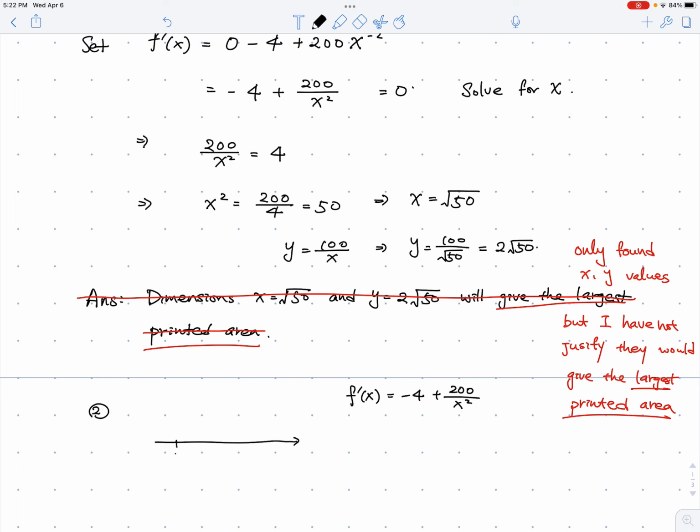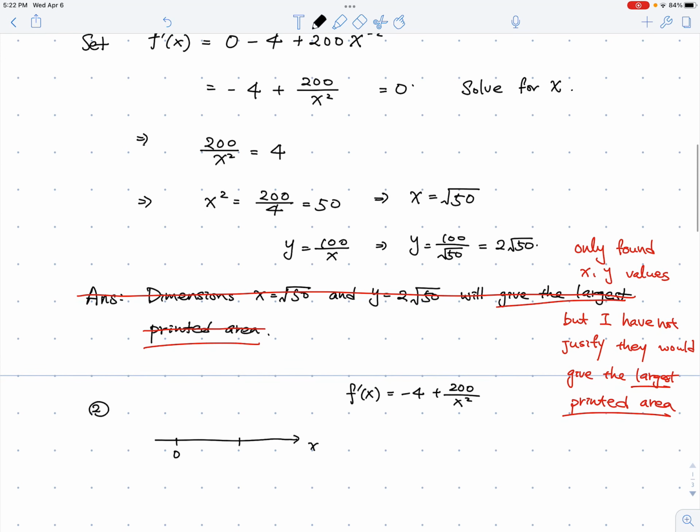Okay, and I don't care about negative x because it's the length of the side, so it has to be positive. And we have root 50. All right, so here if I plug 1 into x, then I have minus 4 plus 200. So here f prime is positive.